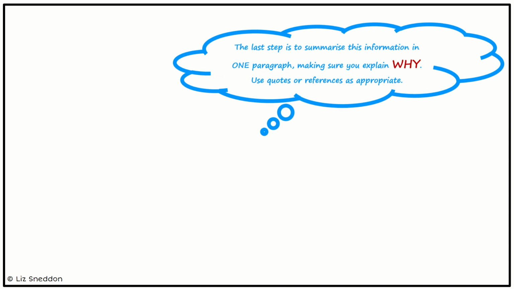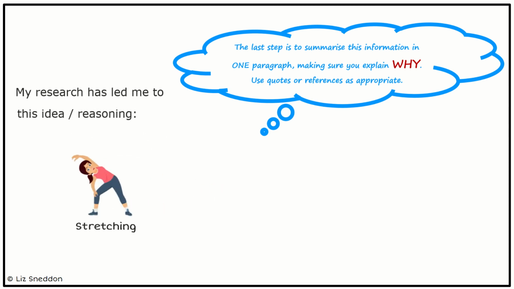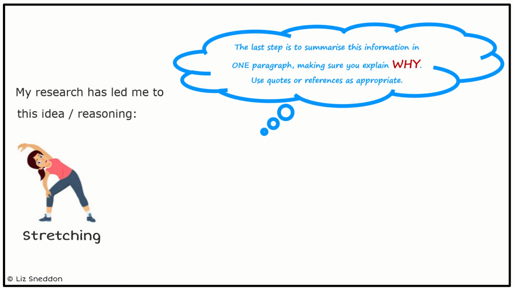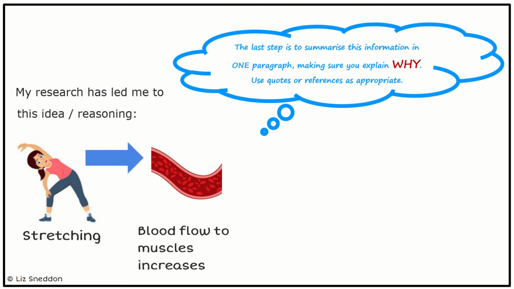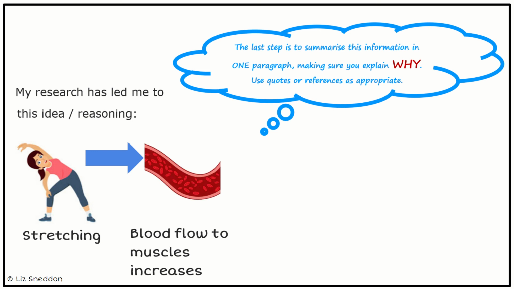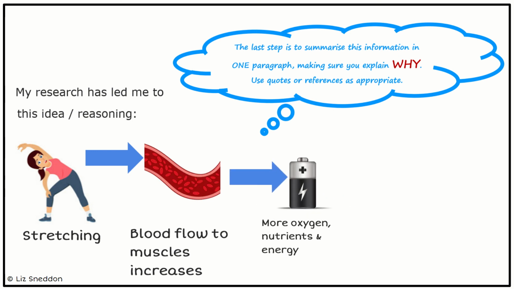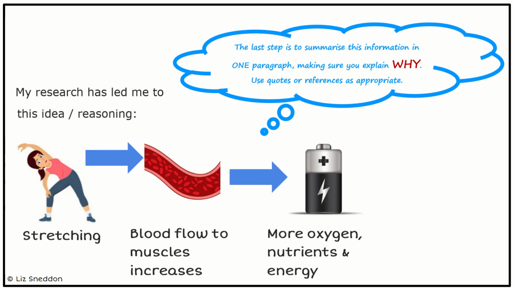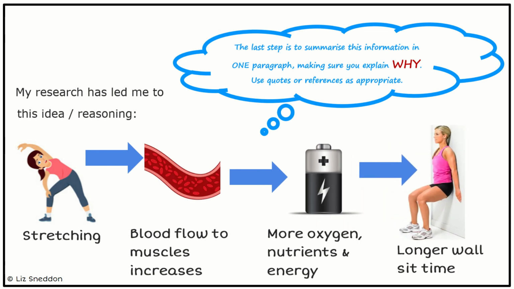So our last step is now to summarize that into one paragraph, making sure I explain the why, and using quotes and references as appropriate. I've started by pulling it all together and saying, okay, well, my reasoning is stretching will lead to more blood flow into the muscles, and that will lead to more oxygen, nutrients, and energy, and that, I think, will lead to a longer wall sit time.